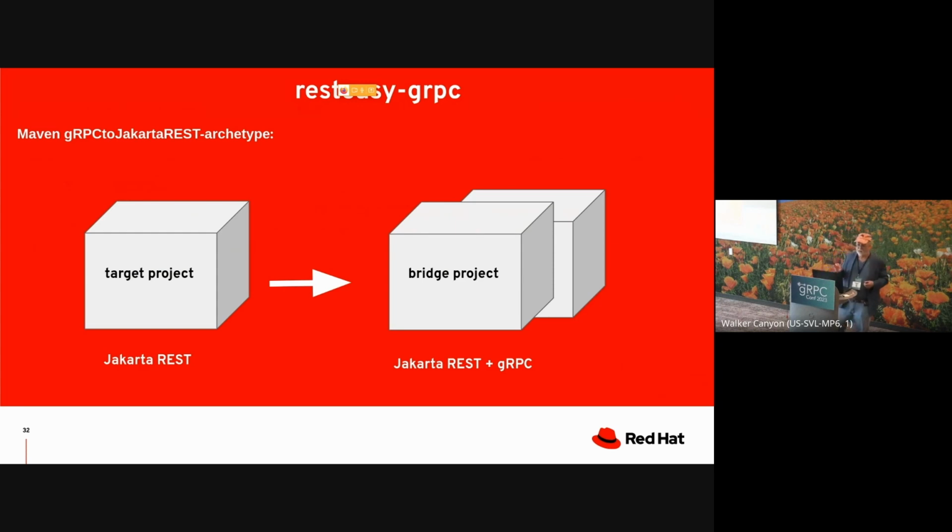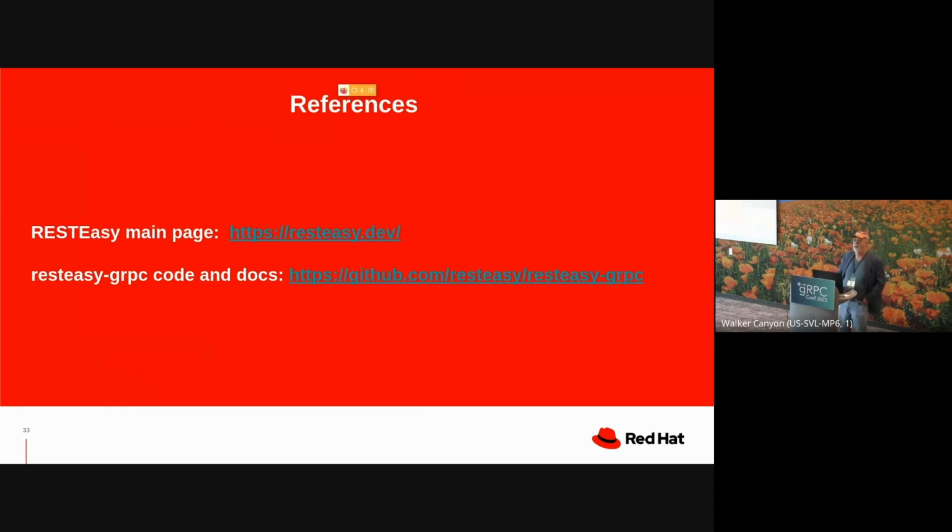And moreover, there's a Maven archetype that pretty much embodies all the steps that need to be done to build the different pieces. Now, if you're interested, the RESTeasy project itself is at this URL, resteasy.dev. RESTeasy gRPC, the stuff I'm talking about now, is a sub-project, and the code and documentation are at this URL.